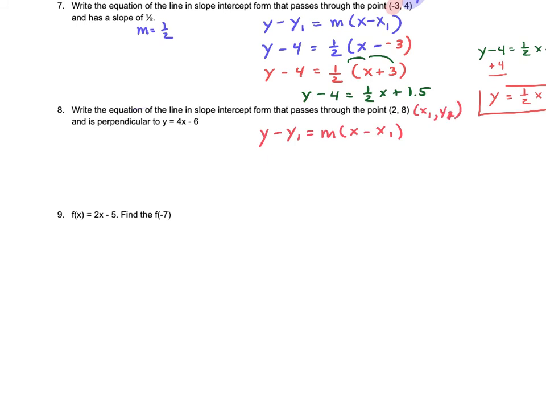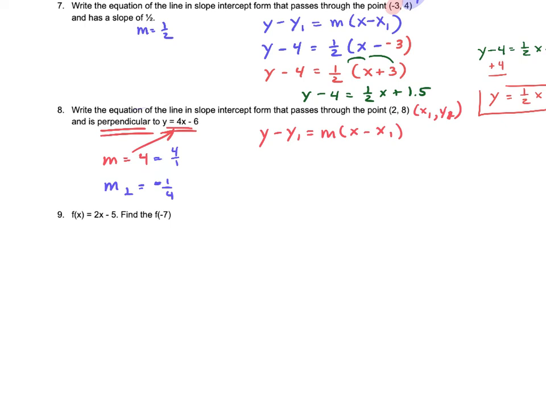That's my 2, 8. Careful now, I have to be perpendicular to this line. This line has a slope of 4. Remember, we talked about this. Perpendicular lines have negative reciprocal slopes. So this is like a 4 over 1. So the reciprocal is 1 over 4, and then the negative would be negative 1 over 4.